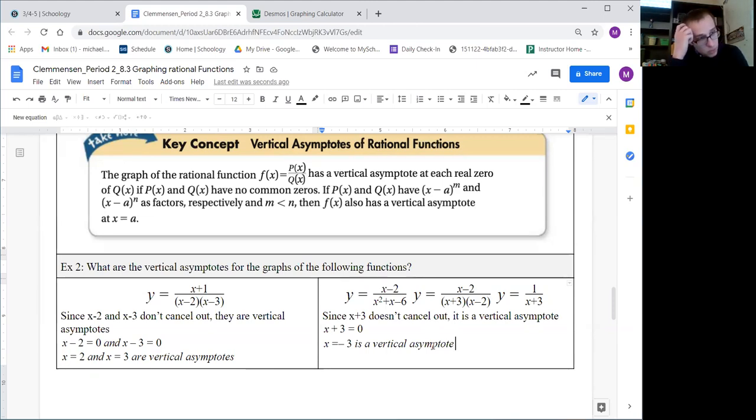Someone asked, will the asymptotes always be vertical? The ones we find this way will always be vertical. I'll show you another way to find the horizontal ones in a second. We're going to start with the vertical ones.